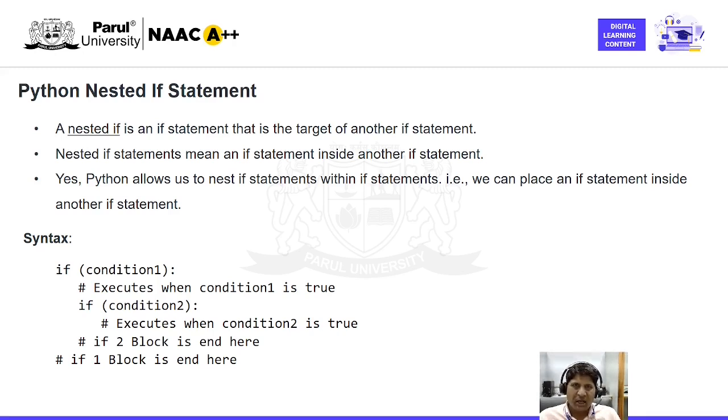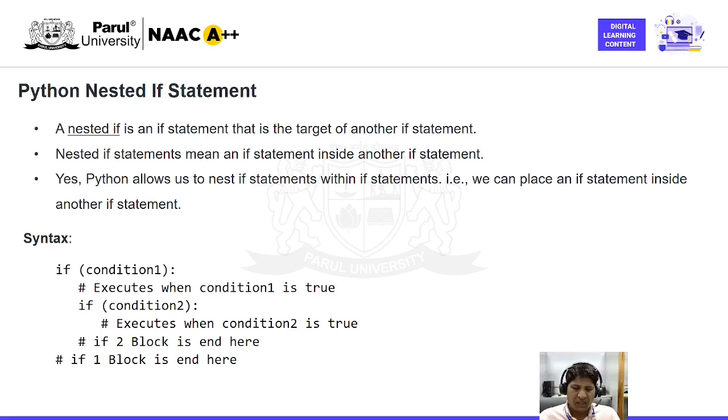Same thing, how does it take place in Python? In Python there is the nested if statement to execute this type of logic. A nested if is an if statement that is the target of another if statement.